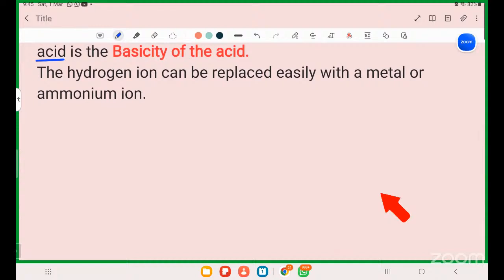Now, let's look at some of these examples to buttress basicity. I want to give you a chart.